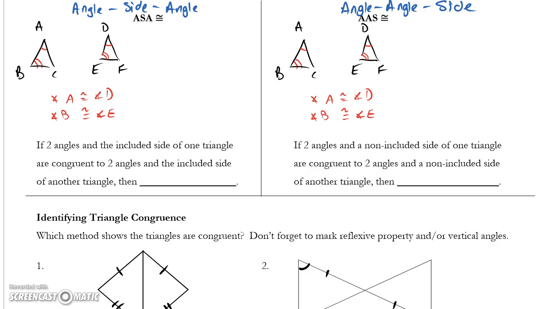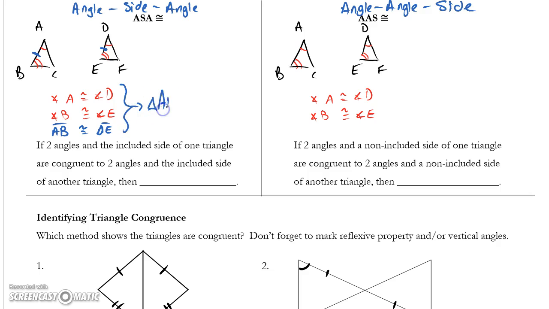The side matters now though, because if I use side AB congruent to side DE, that's my included side. Segment AB congruent to segment DE. That side is in between, it's included. Now my triangles are congruent.